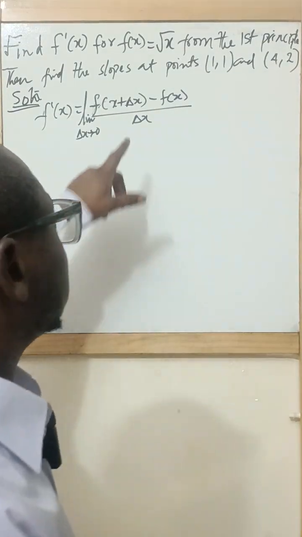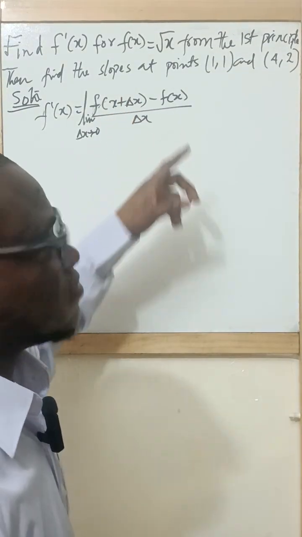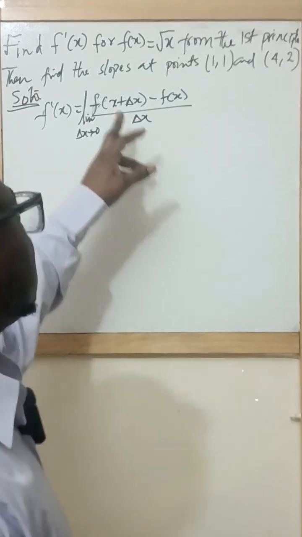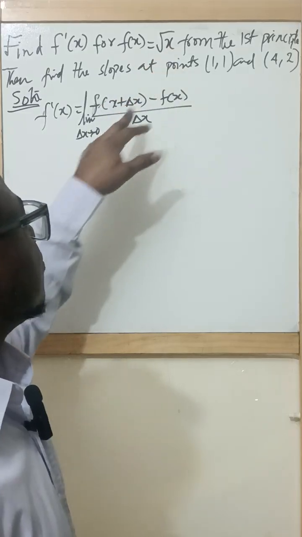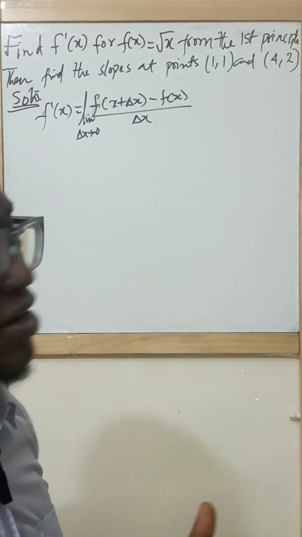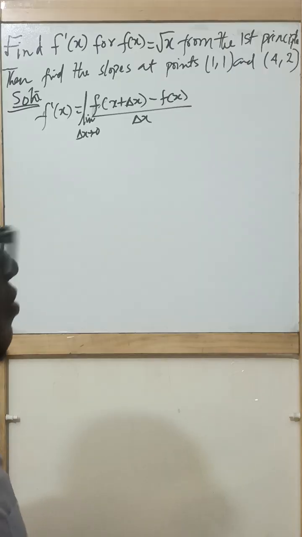So what is f of x plus delta x? Whenever we have this, we replace the x here by what is here. That's how we find f of x plus delta x.